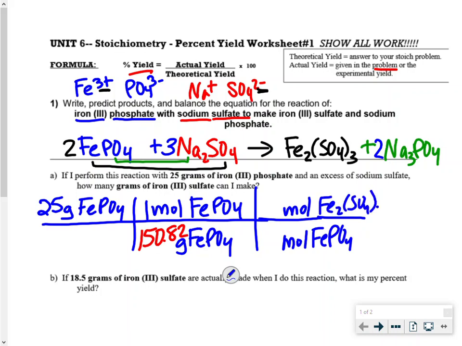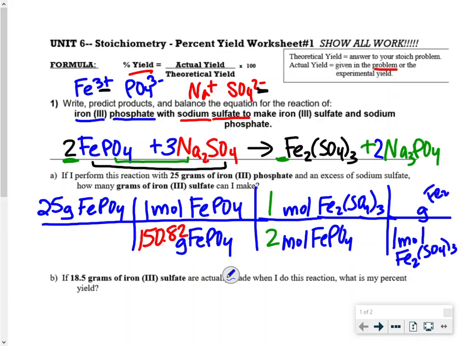Now we do mole ratio. So we have how many moles of iron 3 phosphate going to how many moles of Fe2(SO4)3? This is going to be a 2, right? We put a 2 here. And what do we have over here? This is a 1, right? Last but not least, we need to change this to grams.